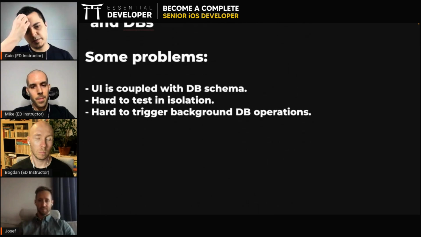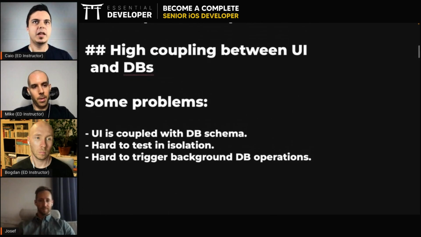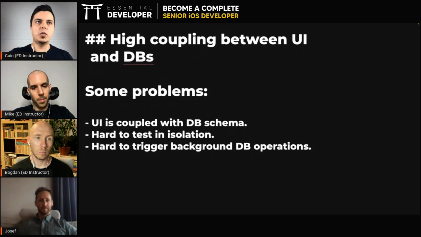Okay, what other problems we can have if we couple the UI with the Realm model is that the UI now may require a specific model, but the database may require the model to be different. Like the UI wants a value to be a string, but the database wants it to be an integer, so it's easier to query, for example, right?